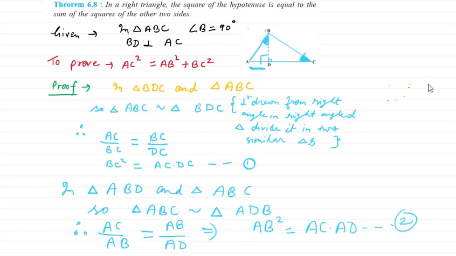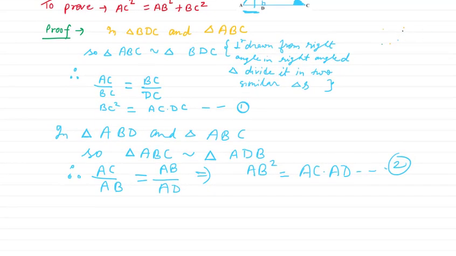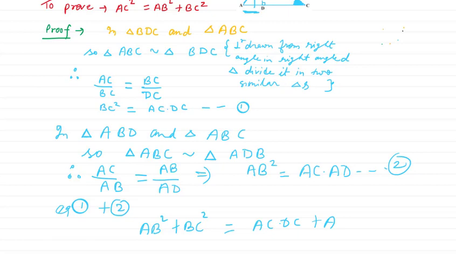Now you can add both the equations. So after adding the two equations, equation number 1 plus 2, you will get AB square plus BC square equals AC into DC plus AC into AD. Now from here on the right side you can take AC common, so you will get DC plus AD.